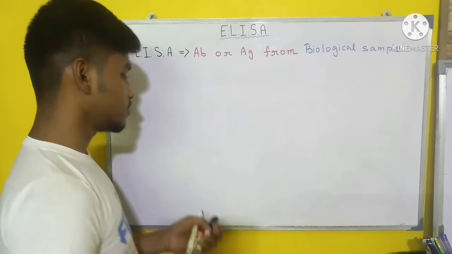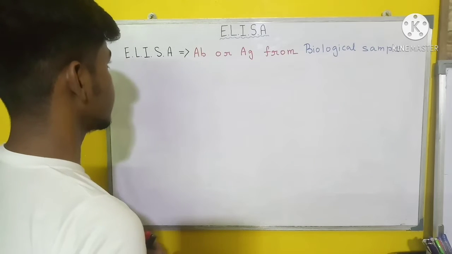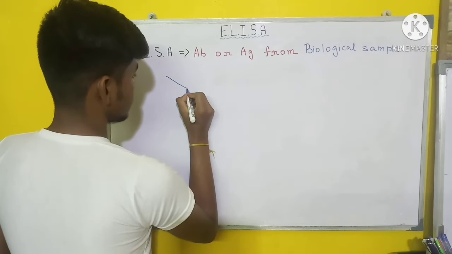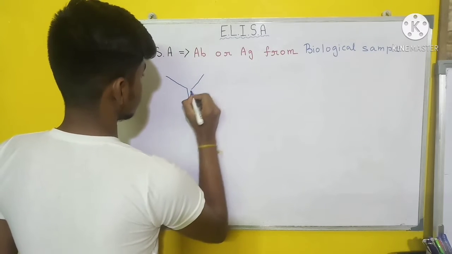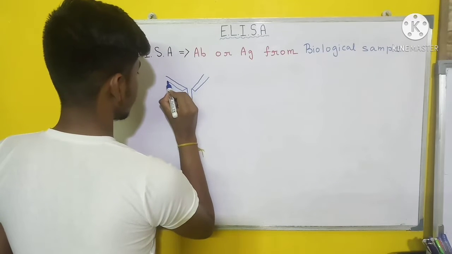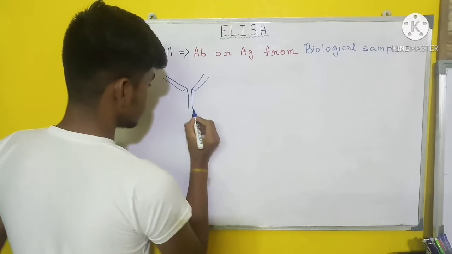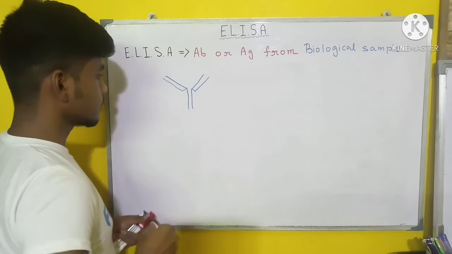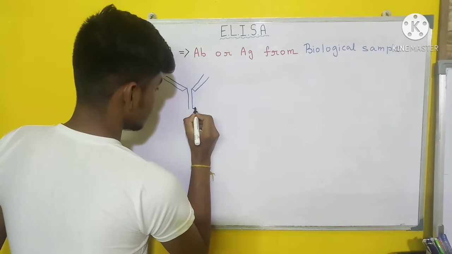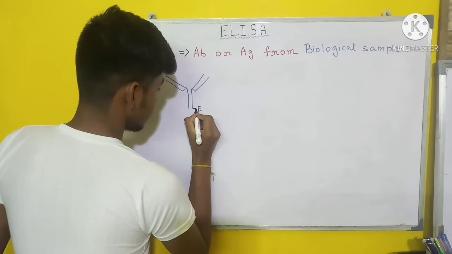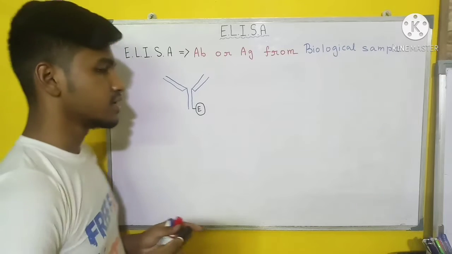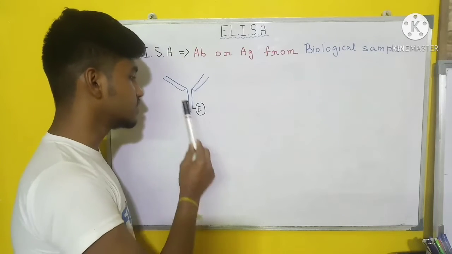The basic principle of ELISA is that in the ELISA test we use an antibody which is linked with an enzyme, an enzyme linked antibody.